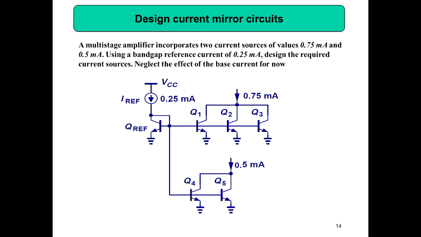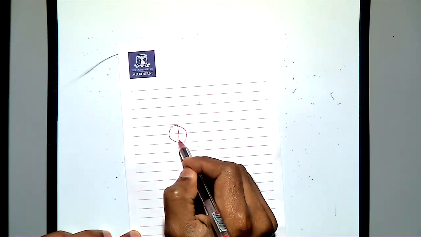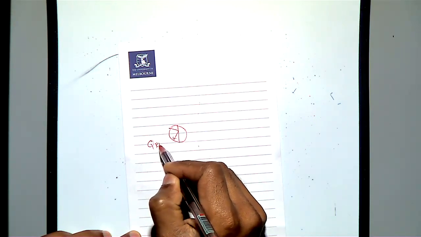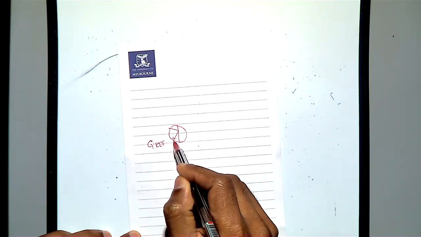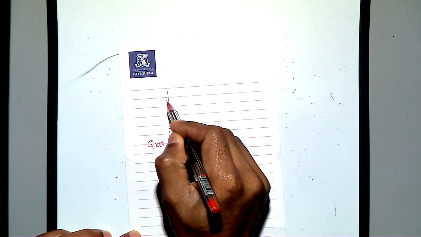Maybe I'll draw it so that it makes sense. So what we are trying to do is, you have your Q reference. That is our reference, and this is a golden current.